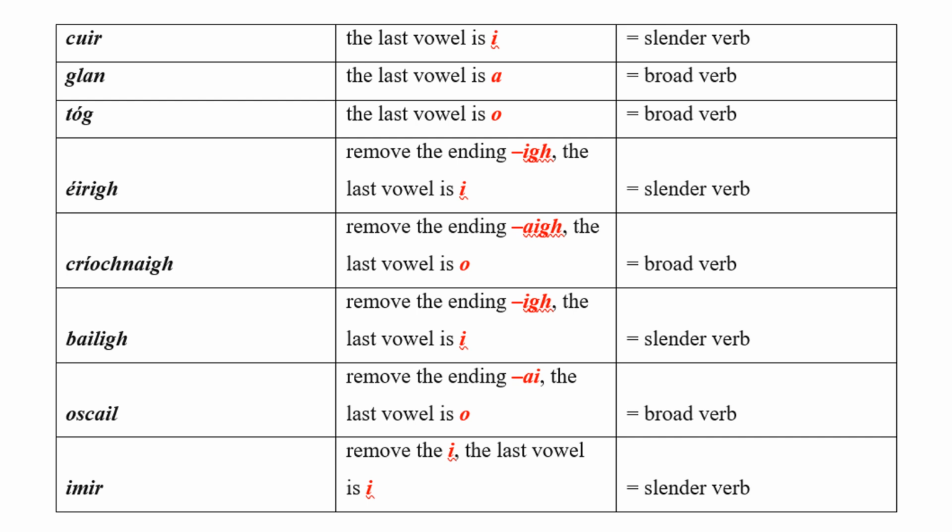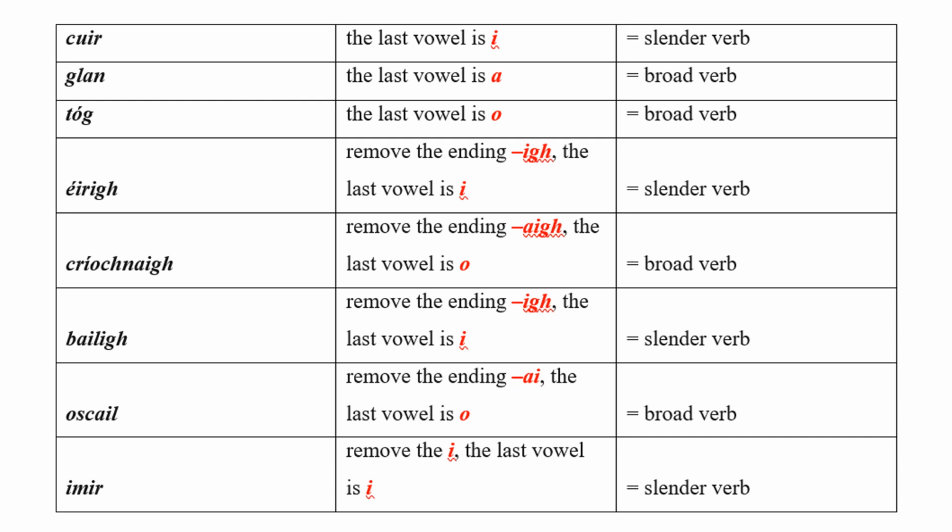Cuir, the last vowel is I, slender. Glan, the last vowel is A, broad. Tóg, the last vowel is O, so it's broad. Airigh, the last vowel is I after removing IGH, so it's slender. Críochnaigh, remove the ending.